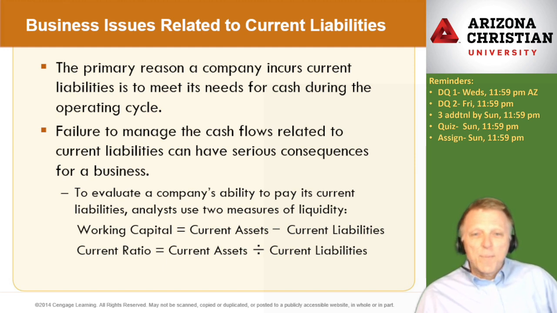So, if a business doesn't manage its cash flow as it pertains to its current liabilities, like accounts receivable, it could run out of cash. So, be sure you know how to calculate the working capital measure and the current ratio. Both of these measurements are taken from the balance sheet and they give a health indicator of sorts for how you're doing on cash flow.